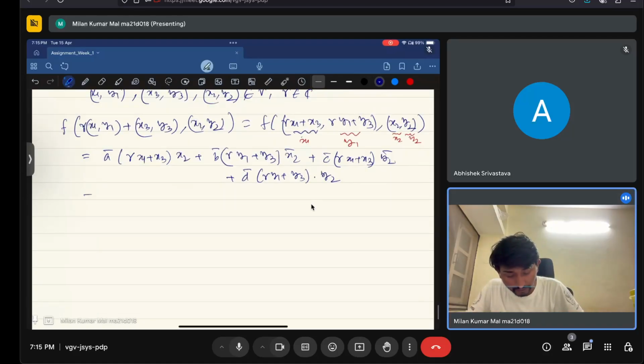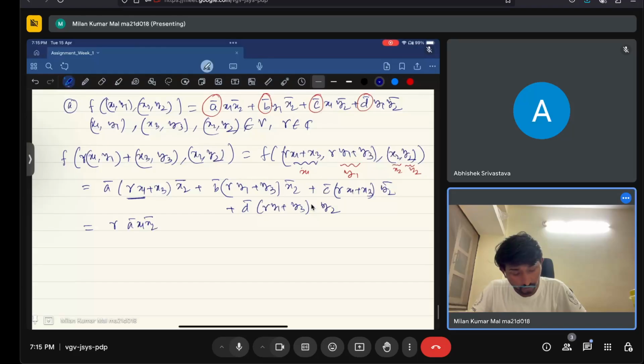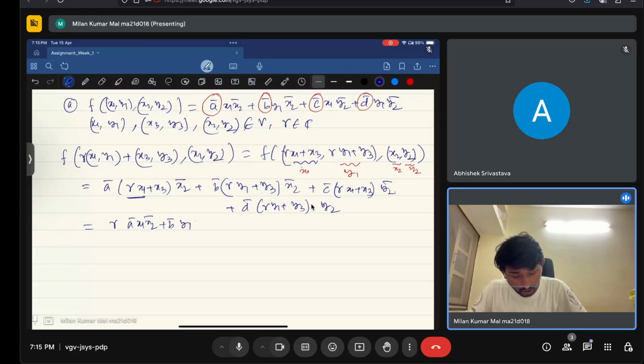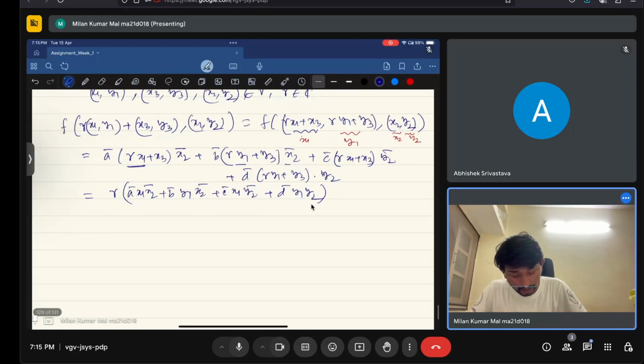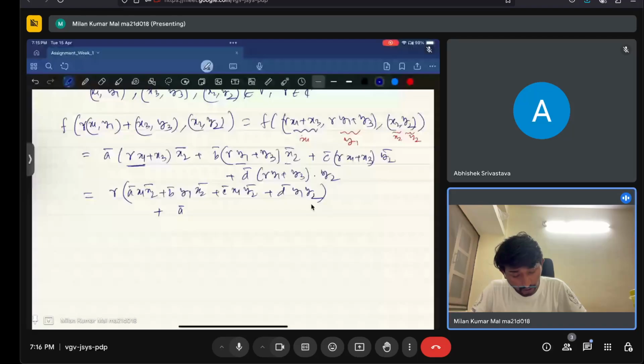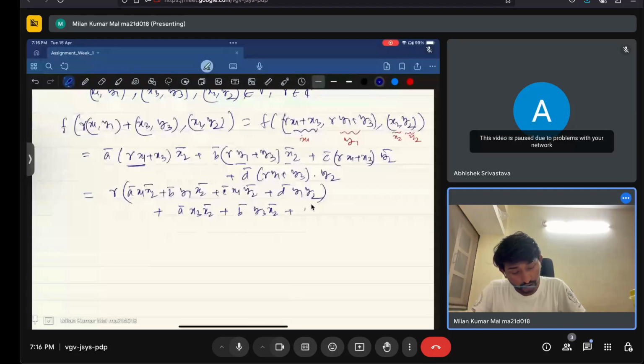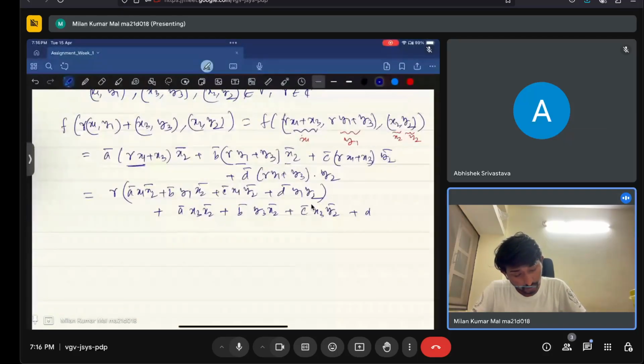Now if I break it, I can take gamma common, and this term will be a bar x1 x2 bar plus b bar y1 x2 bar plus c bar x1 y2 bar plus d bar y1 y2 bar, plus a bar x3 x2 bar plus b bar y3 x2 bar plus c bar x3 y2 bar plus d bar y3 y2 bar.